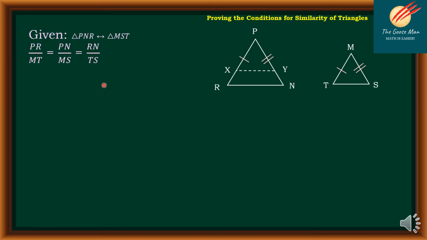So we have triangle PNR similar to triangle MST such that PR over MT is the same as PN over MS, which is the same as RN over TS. So we would like to prove that triangle PRN is similar to triangle MTS.